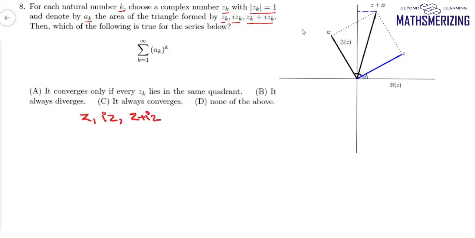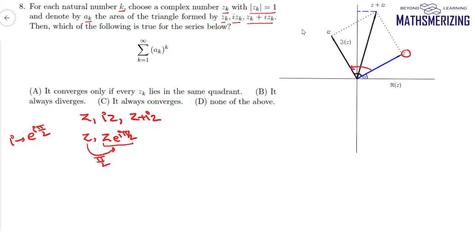Now we know that we can write this iota as e to the power iota pi by 2 using Euler's form. So this is z and this is z into e to the power iota pi by 2. That means this second point, iota z, is formed by rotating z by an angle pi by 2 in the anti-clockwise direction. So that's your z, and here will be iota z.